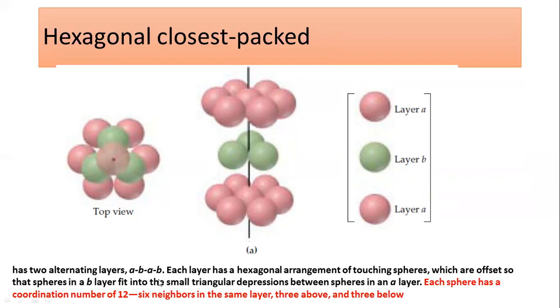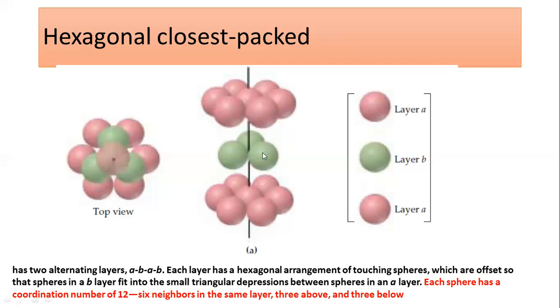How is it going to be 6? Let's suppose this is the first layer, and look at this ball. This ball is touched with the 6 neighboring atoms or balls. So in the first layer, each atom is touched with 6 spheres. So at this stage the coordination number is 6.